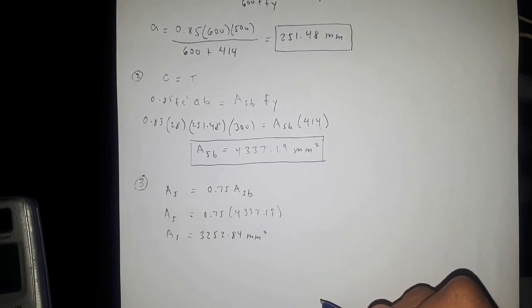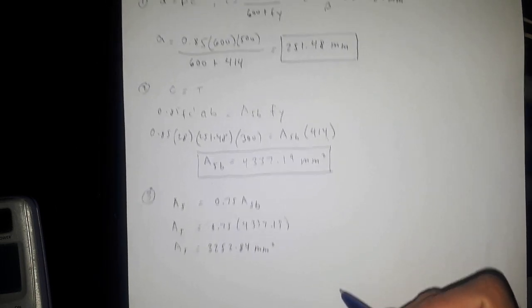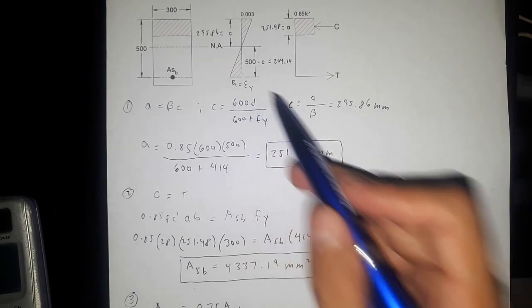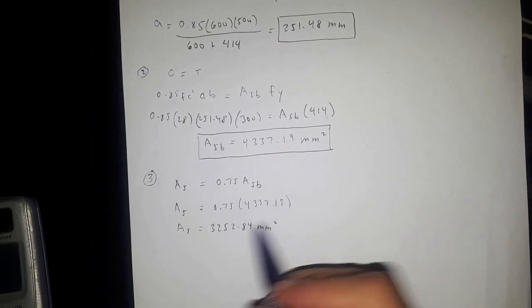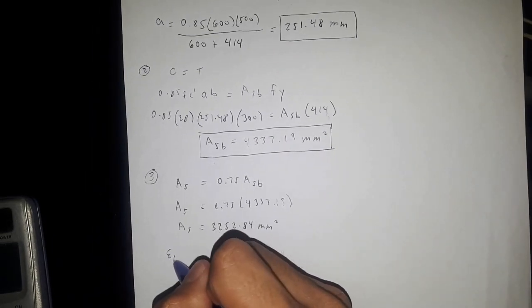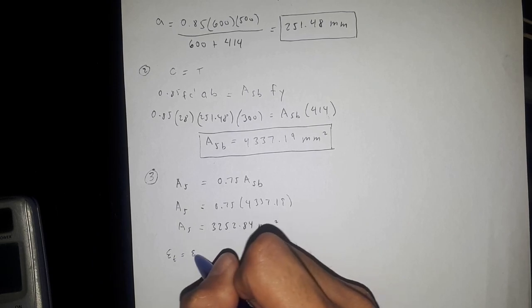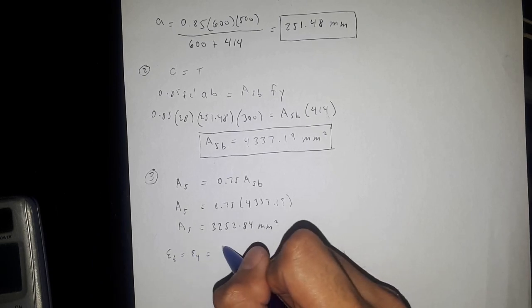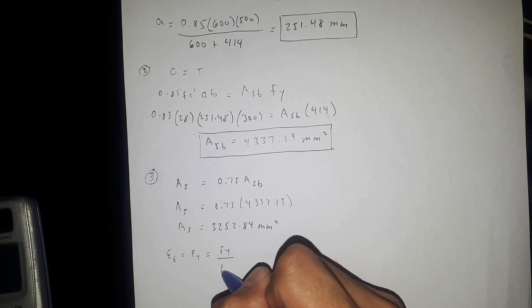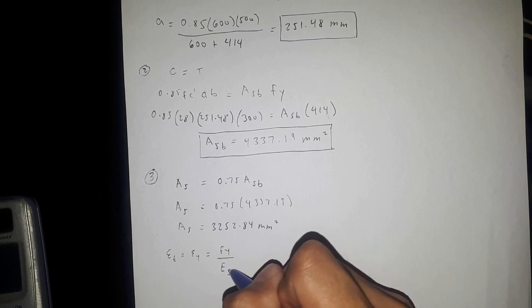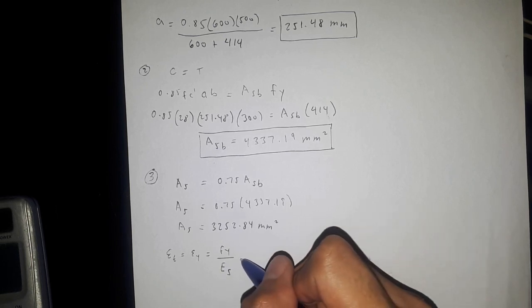Now, let's get the yield strain. Since our tensile strain is equal to the yield strain, that is equal to Fy over the modulus of elasticity of steel.